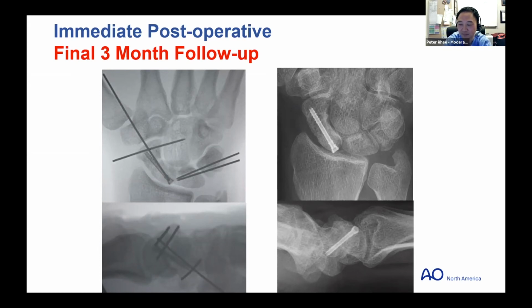Some of the commentary amongst the panelists was putting in so many pins, and you can see here I used to put parallel pins in across the SL and the LT, but then I stopped and went to just one pin because I think the theoretical anti-rotation of parallel pins is probably not that much, in my opinion, and the aggravation you get in the OR, having your team trying to put these parallel pins, it was just too much for me.